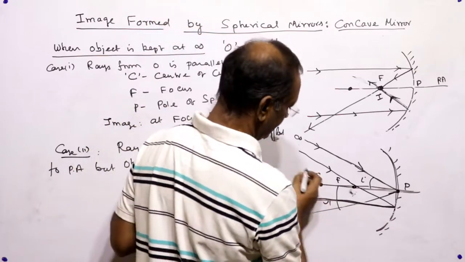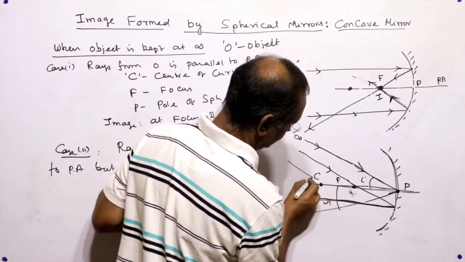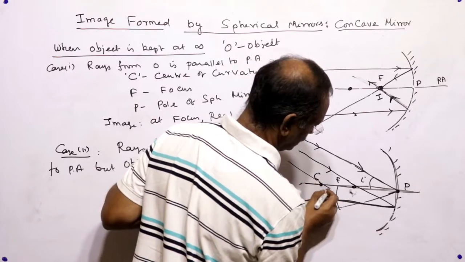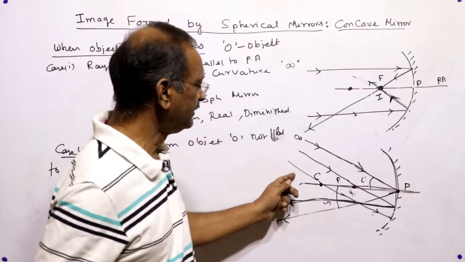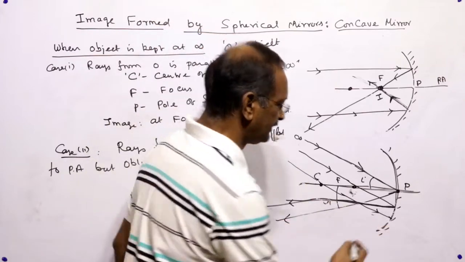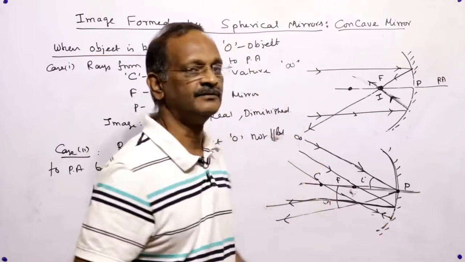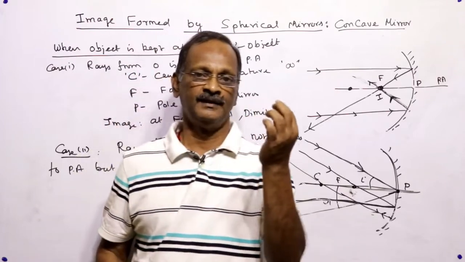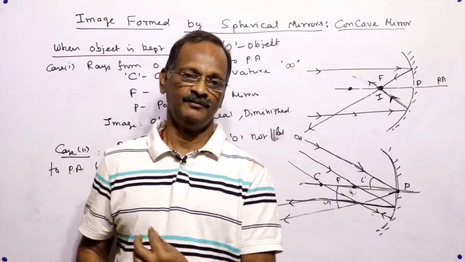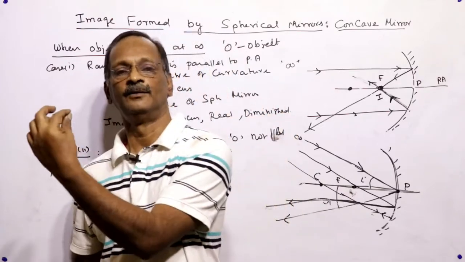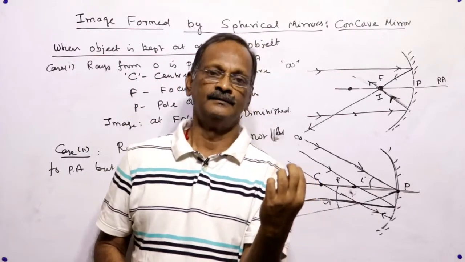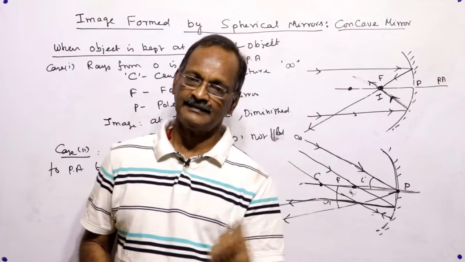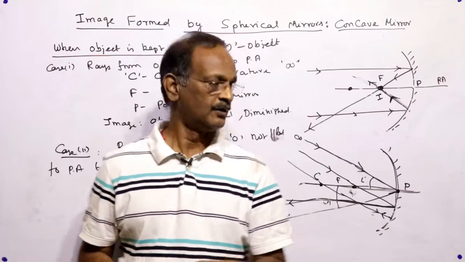We can take one more ray also. A ray passing through the center of curvature, after reflection, will retrace its path. We have seen rays parallel to the principal axis go through the focus. Rays from the focus go parallel to the principal axis. Rays incident at an angle at the pole reflect according to the law of reflection.